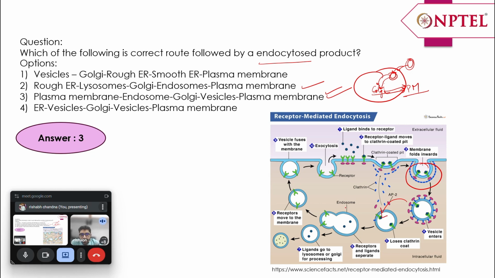From this particular endosome, it will either go to the lysosome or to the Golgi for processing, and from here the receptors will go back to the plasma membrane. So this will be the route of a particular ligand that is endocytosed by the cell. Okay, so any doubts in this particular question?